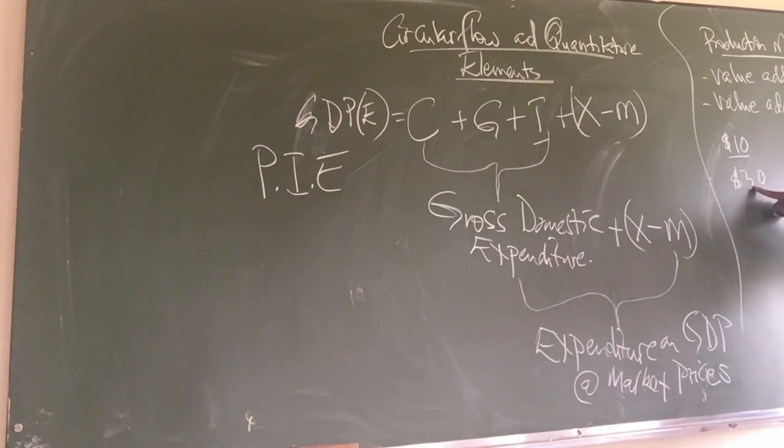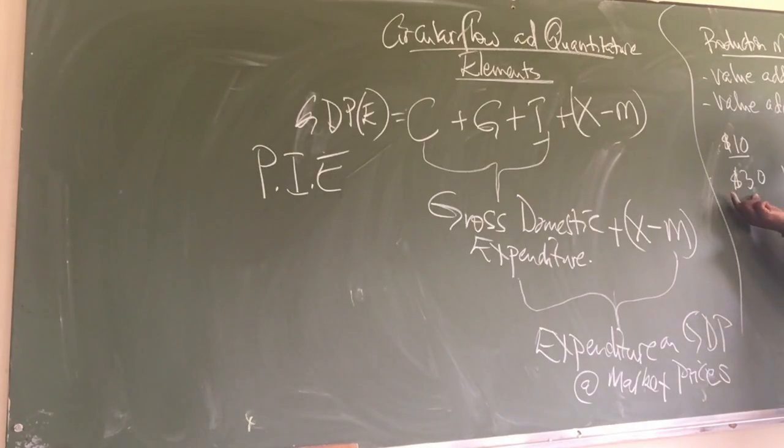So how much was the value that was added by the secondary sector? 20. Are we together? So the value added is 20 by the secondary sector. Why is it 20? Because the product is now worth $30.